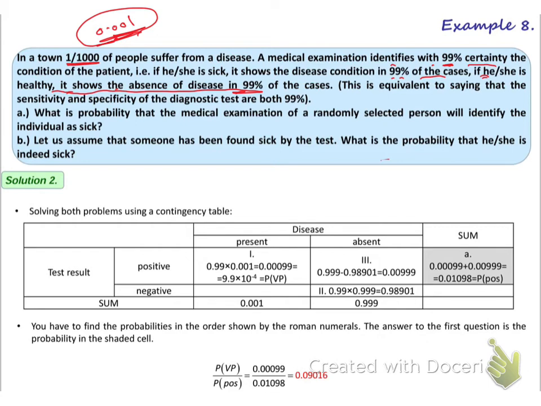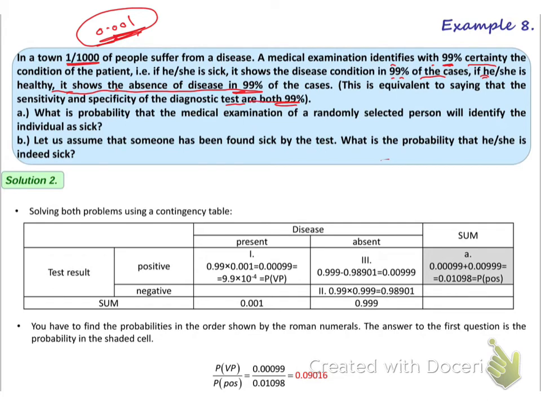Still, there's an error also for the negative. Although they don't have the disease, it will show only 99% of them. This is equivalent to saying that the sensitivity and the specificity of the diagnostic test are both 99%, whether they have the disease or they don't have the disease.